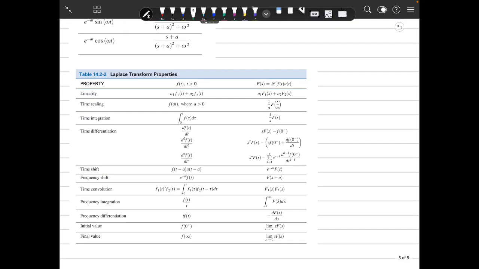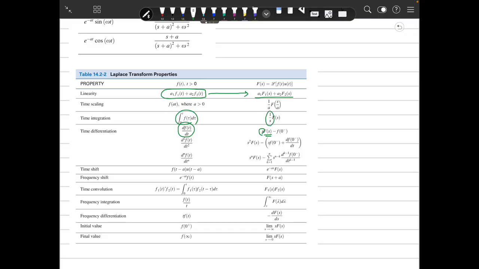We already discussed linearity. And differentiation gives sF(s). And how about the integral? The integral is the inverse of differentiation, so there will be 1 over s.